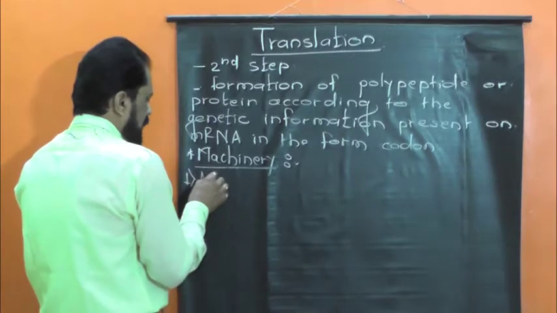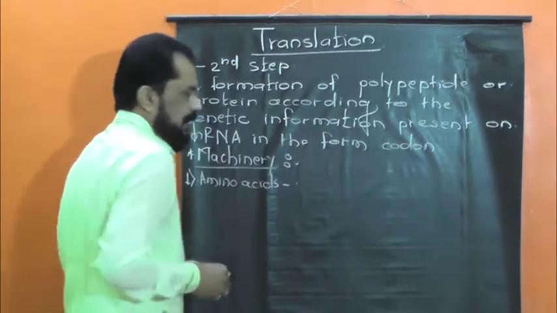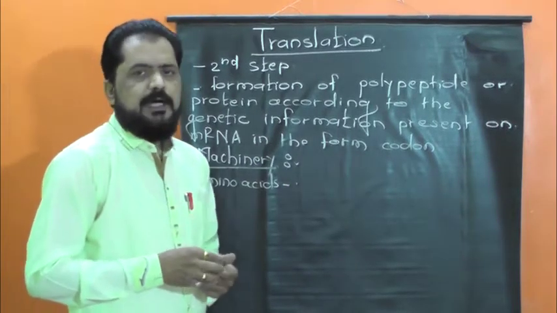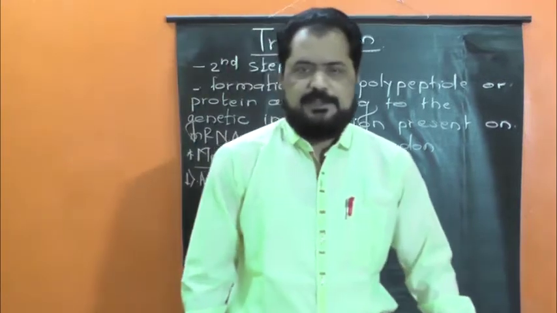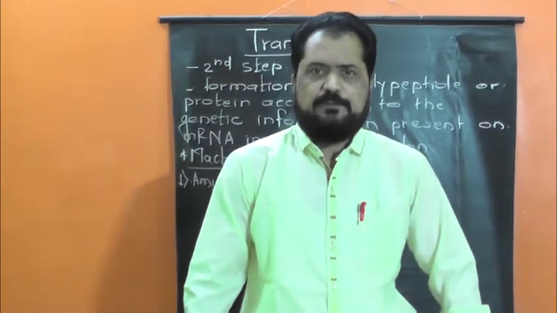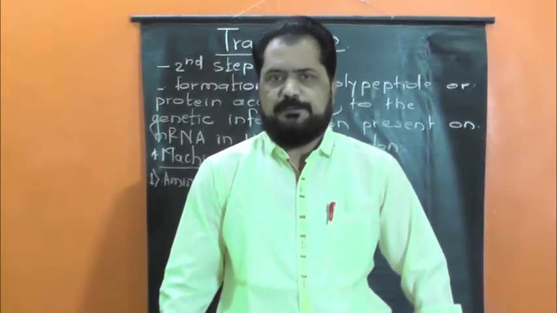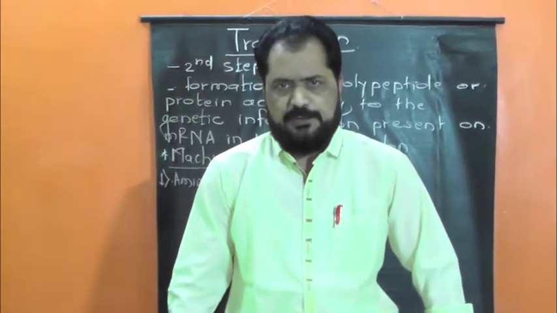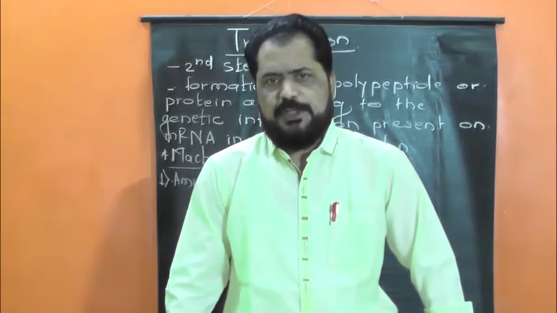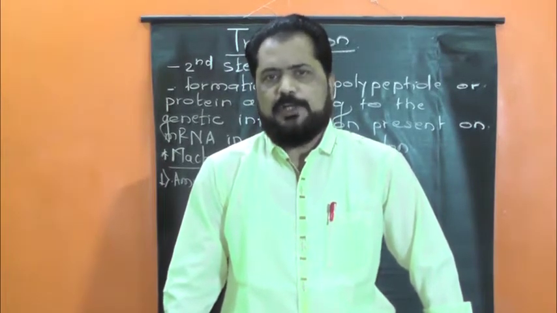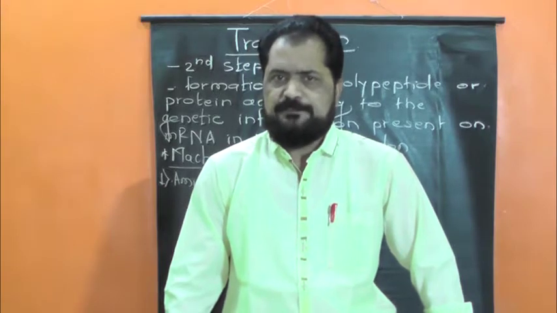First, amino acids. The amino acids act as a raw material for the process of translation, for the process of synthesis of polypeptide or protein molecule, because we know that proteins are nothing but the polymer of amino acids.